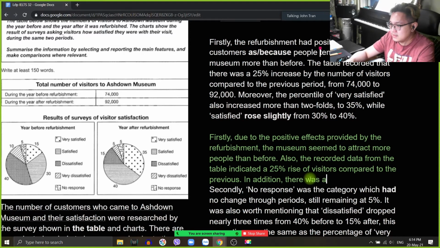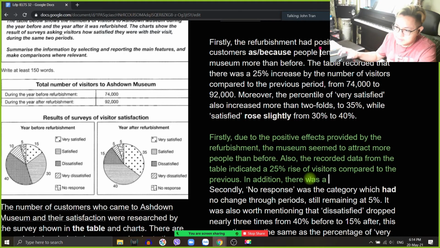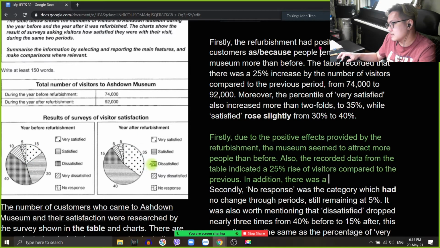There was, let's just say, okay, so basically 15 to 35, it seems like a 2.5. Is it 2.2?